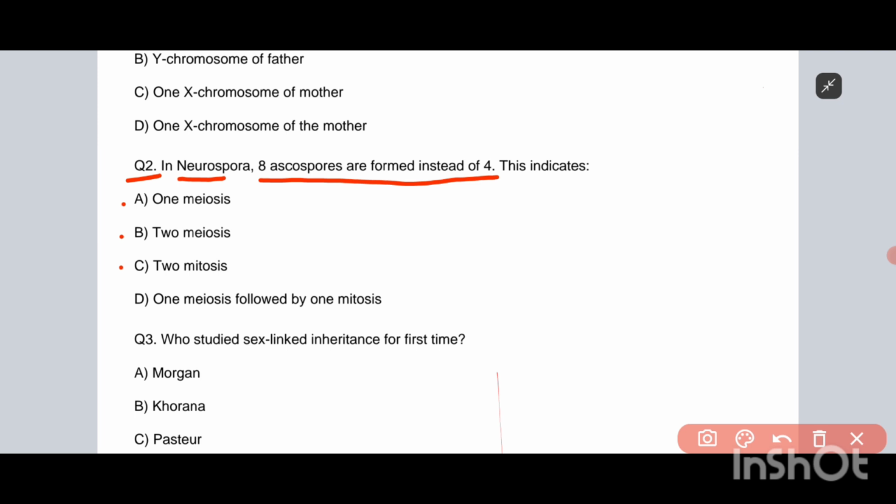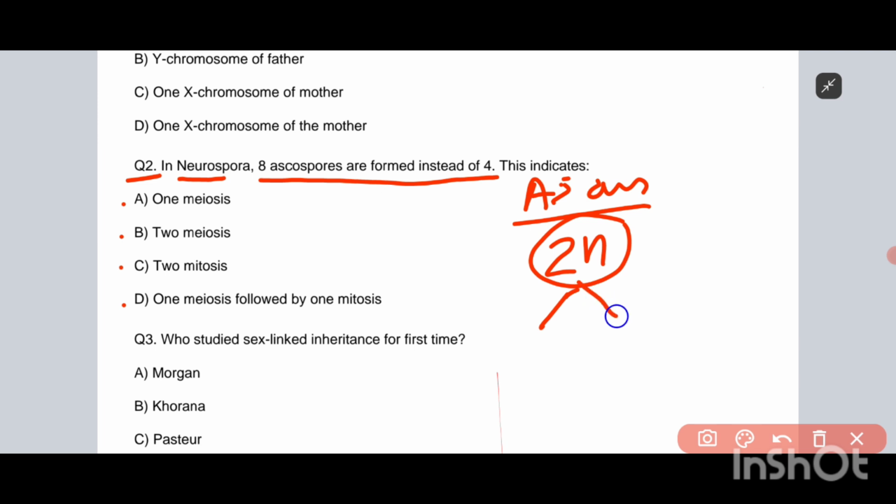So in Neurospora, in the ascus, we know the diploid zygote is 2n.